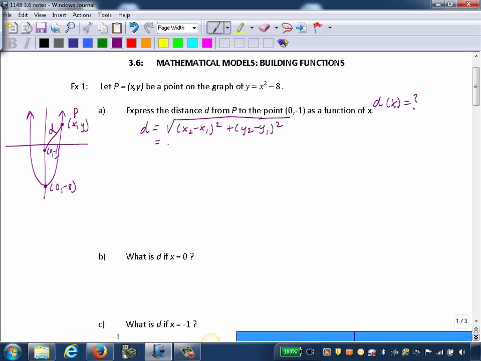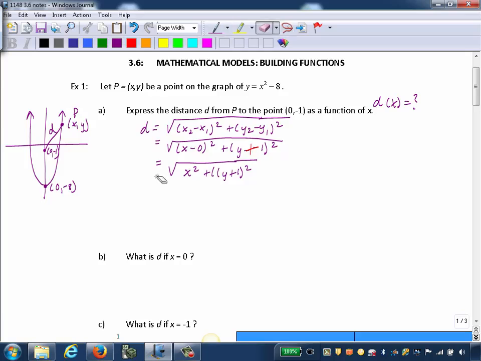Substituting into our equation here, we'll have (x minus 0) squared plus (y minus negative 1) squared. So my minus minus will just become a plus. This is going to be the square root of x minus 0, which is just x, so x squared plus (y plus 1) squared.